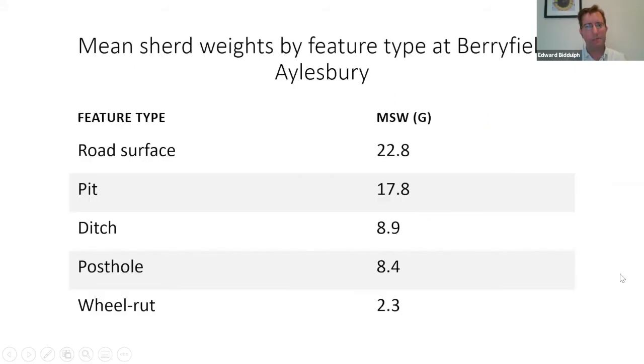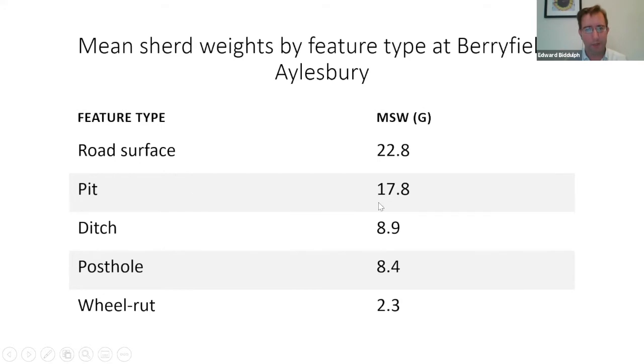So here are some mean sherd weights by feature type from a site just outside Aylesbury, Berryfields. This is, if you like, the hinterland of a Roman town, which I'll talk about in a minute. You can see mean sherd weights from feature types. There's a road surface, Akerman Street actually, and it's got some pretty chunky pottery, 22.8 grams.